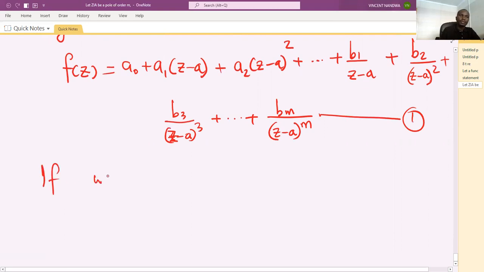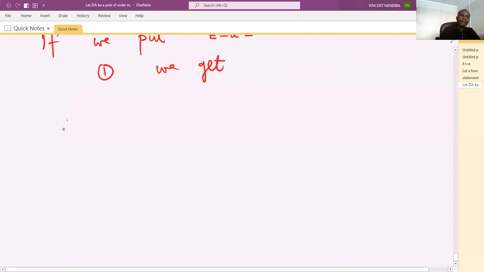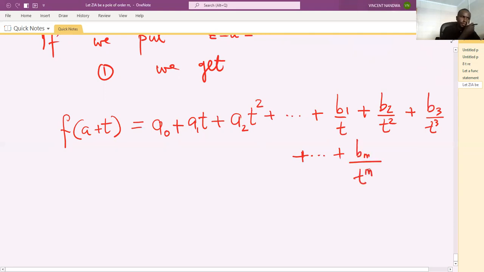If we put z minus a equals t, or z equals a plus t in 1, we get f of a plus t equals a0 plus a1 t plus a2 t squared plus b1 over t plus b2 over t squared plus b3 over t cubed plus up to bm over t power m. Call this equation 2.